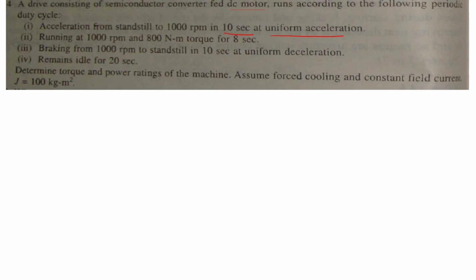In the second interval, the duration is 8 seconds, and it is running at 1000 rpm and 800 newton meter torque. The torque is given. During the next 10 seconds the speed reduces from 1000 rpm to standstill, and in the remaining 20 seconds it is idle.